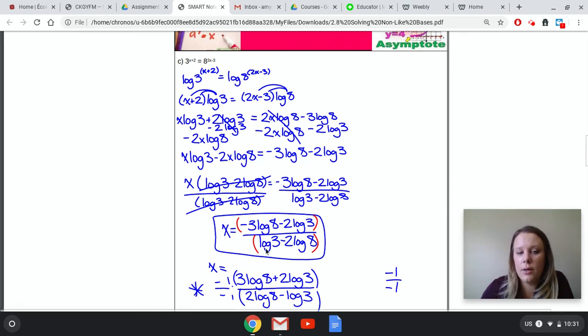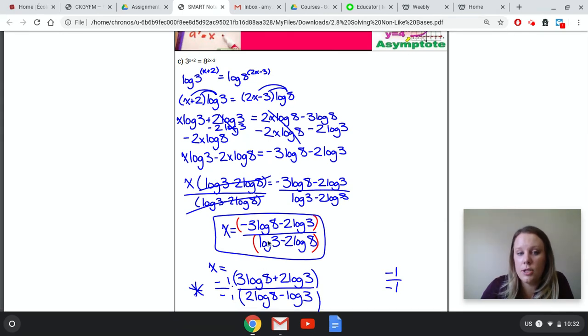Okay, you might not see this in the multiple choice answers, but you might see something where all the signs are completely opposite. That's the same number. If I multiply top and bottom by -1, -1 divided by itself is the number 1. Multiplying by 1 doesn't change the value of what this is.